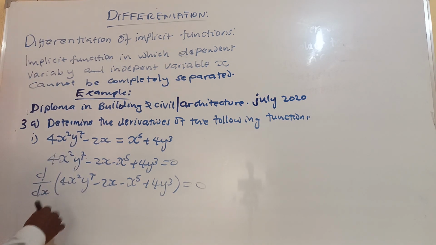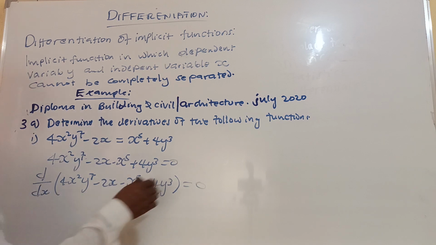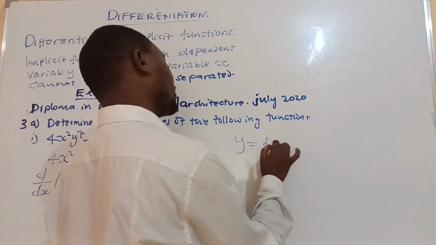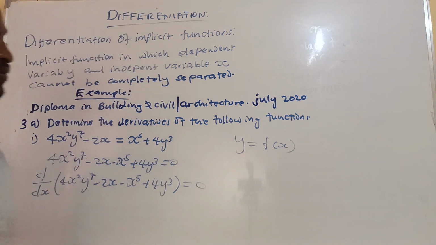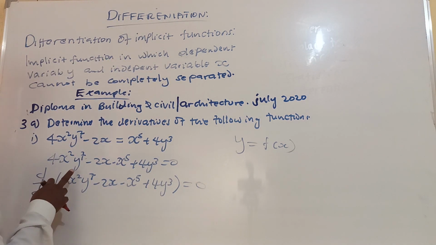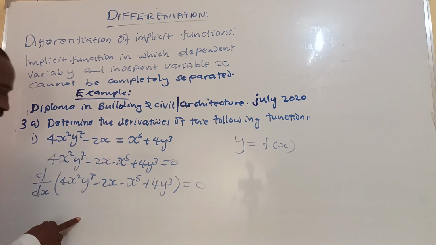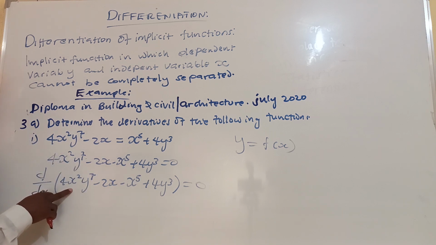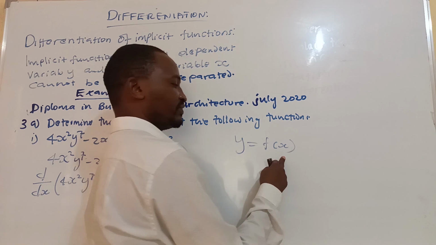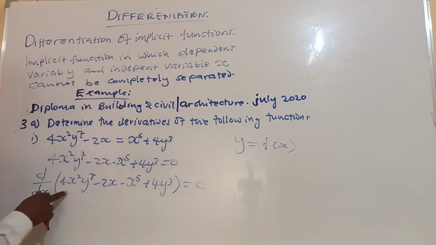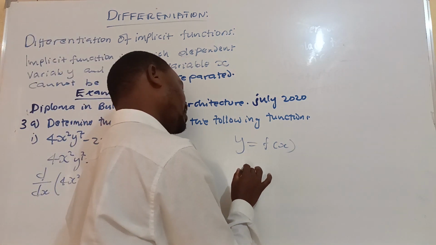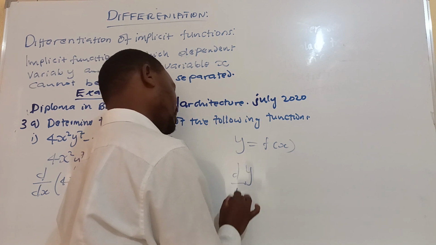Now, notice y is a function of x. So, if y is a function of x, 4x squared is differentiable with respect to x, and y also is differentiable with respect to x because it is a function of x. What do you get when you differentiate y with respect to x?